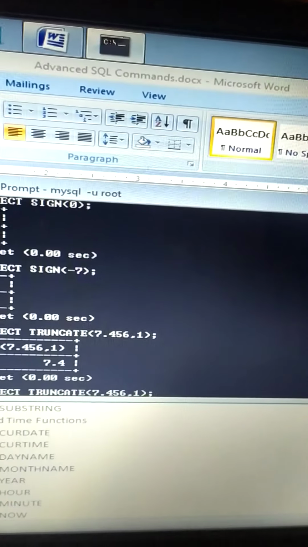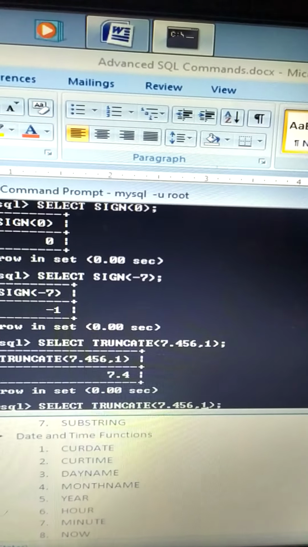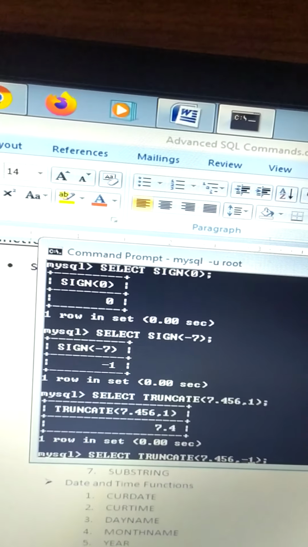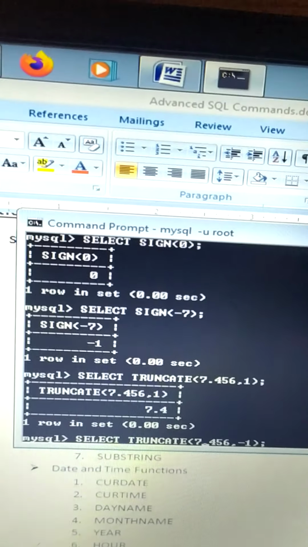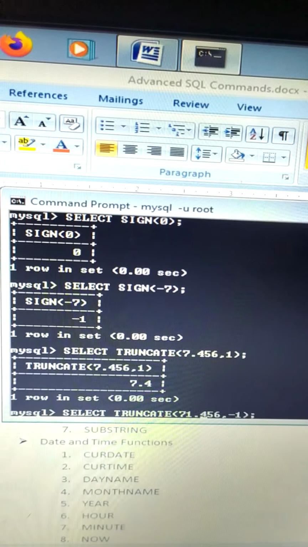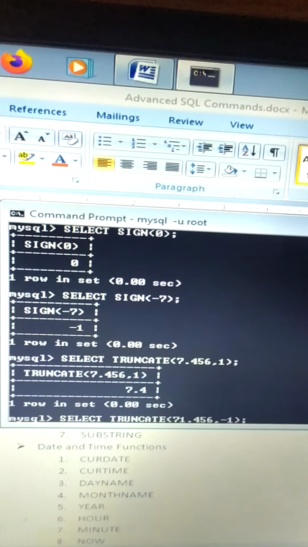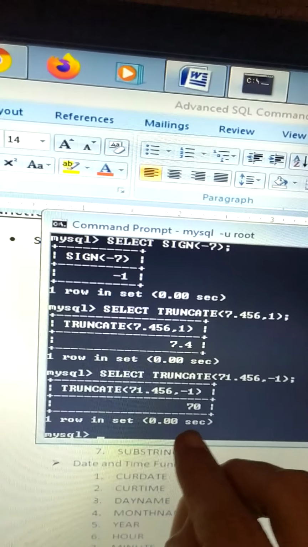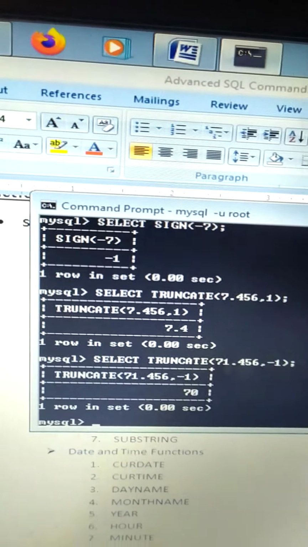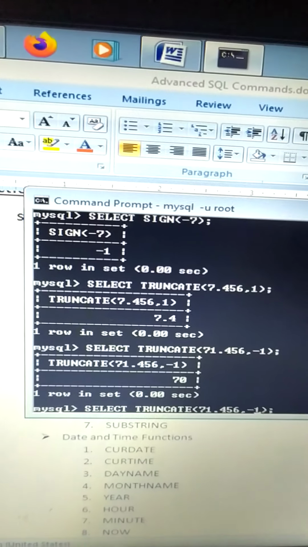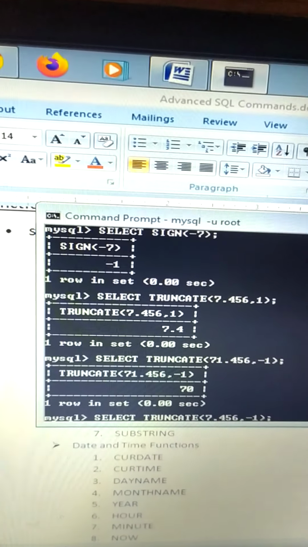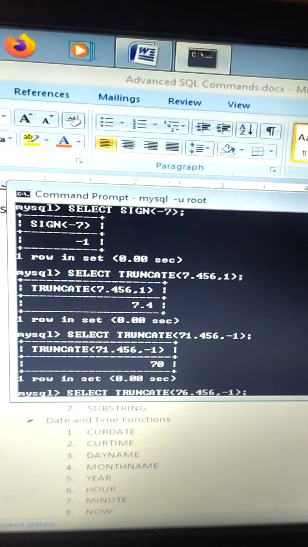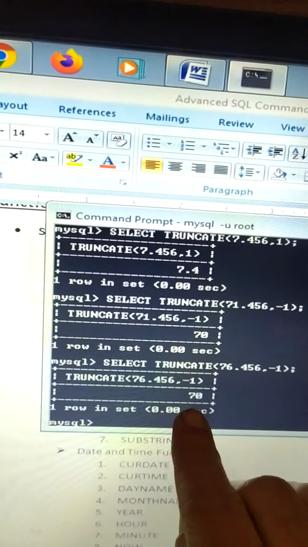Now, if I write 7.456, -1, I'll increase the digit, suppose 74.456, -1. See the output, it is 70. This 4 is eliminated. Let's change the digit. If it is 76.456, -1, again the answer is 70.